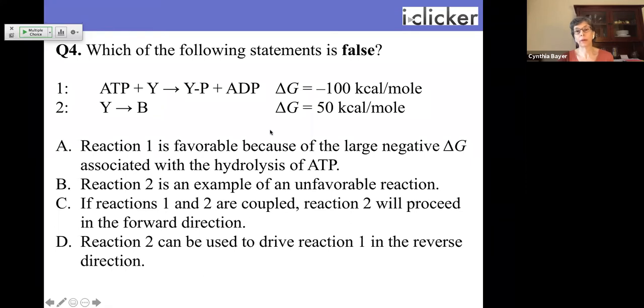It wouldn't do that. And even if we had reaction 2 in the reverse reaction from B to Y, there's not enough change in free energy to be able to drive 1 in the reverse. So for a couple of reasons, D is incorrect.